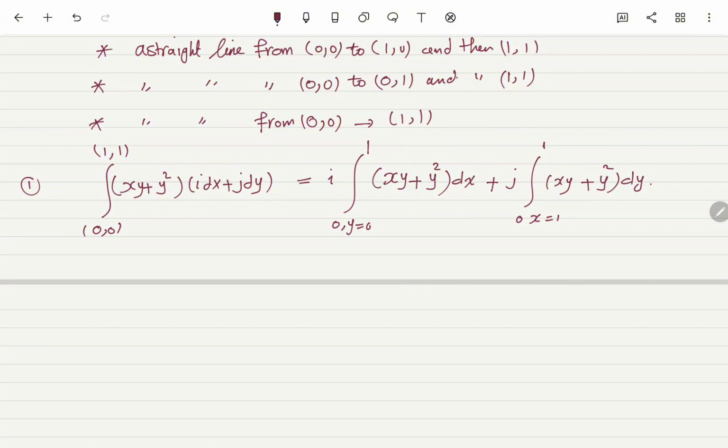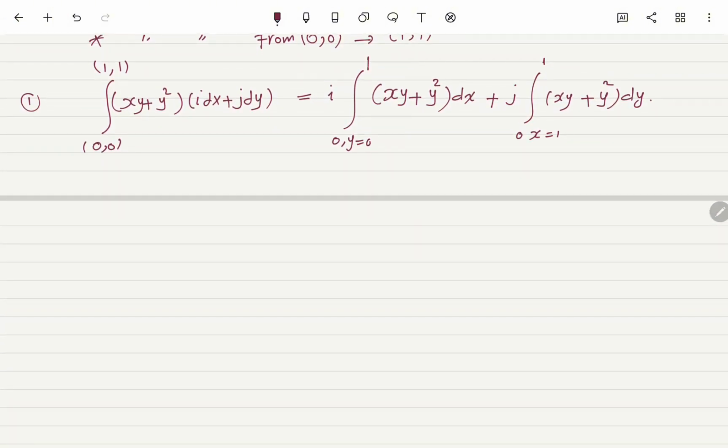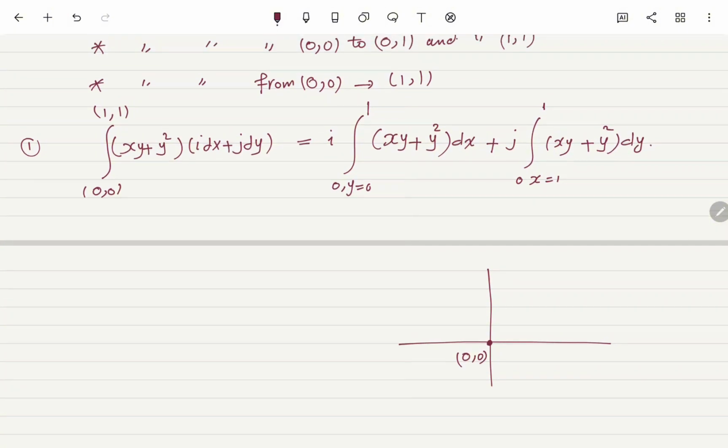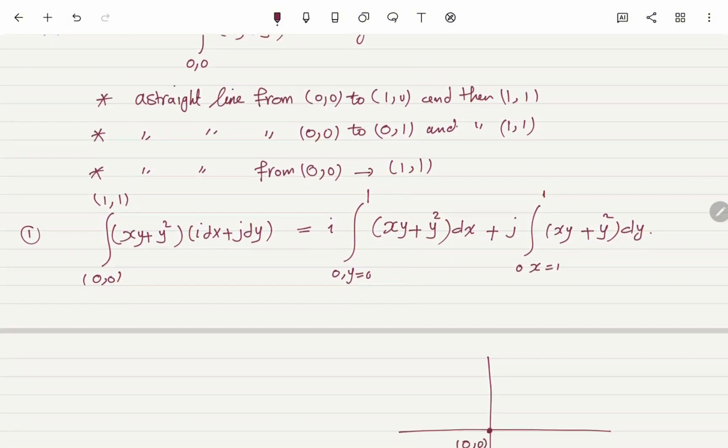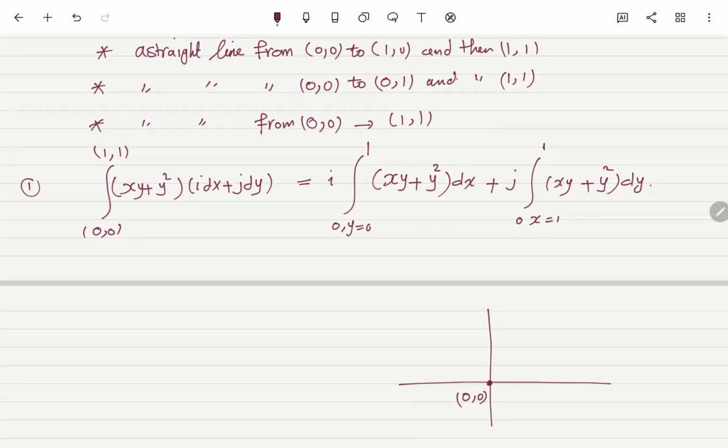Now the reason we identify this is the coordinates we have here. This one is 0 0. Now the first path is a straight line from 0 0 to 1 0, so you move right here. This is 1 0 and then moving to 1 1.